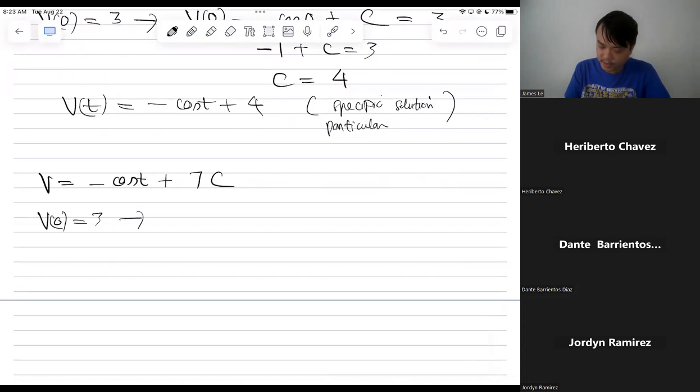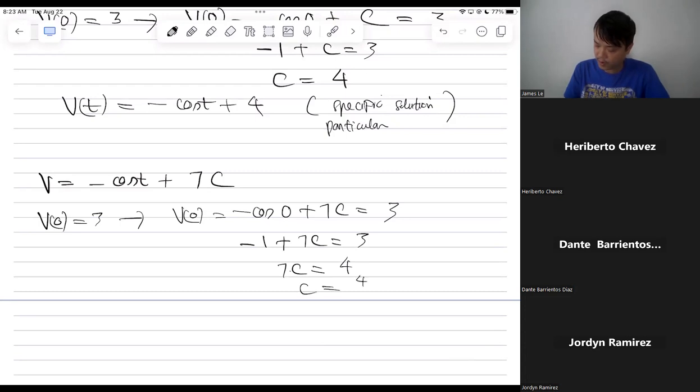So I get v(0) equal negative cosine of 0 plus 7C equal 3. So I have negative 1 plus 7C equal 3. So 7C equal 4, so C equal 4 over 7.